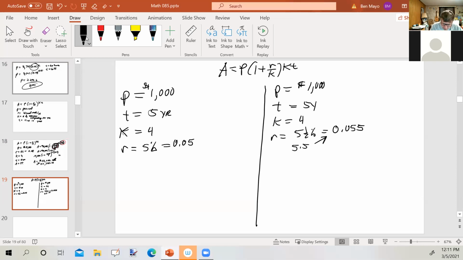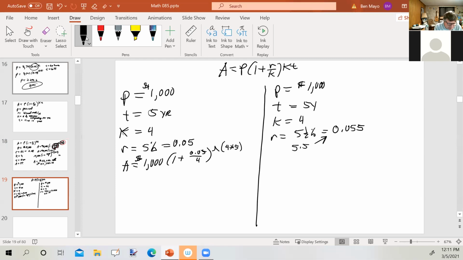So let's take the first scenario. A equals $1,000 times 1 plus 0.05 over 4, raised to the 4 times 5 power. Now, that comes out nice if you simplify it, but I'm just going to leave it.